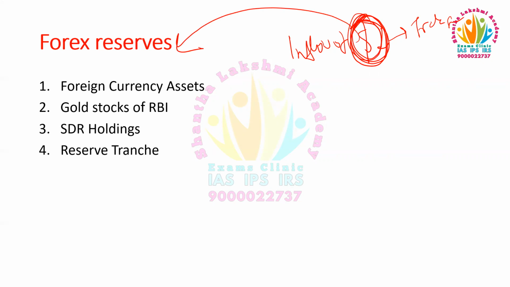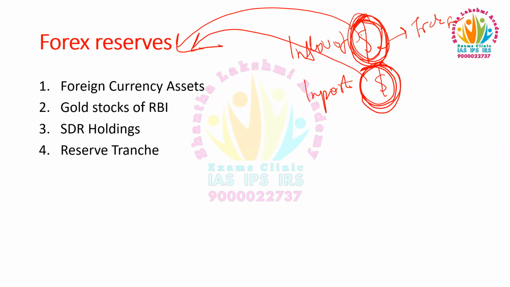If there is trade deficit, that is, more imports than exports, so there is a deficiency of dollars, right? So where does the deficit need to be met from? From these forex reserves only. If there is surplus, the dollars will come to these forex reserves. If there is deficit, from forex reserves, which is maintained by the RBI, the deficit will be met.